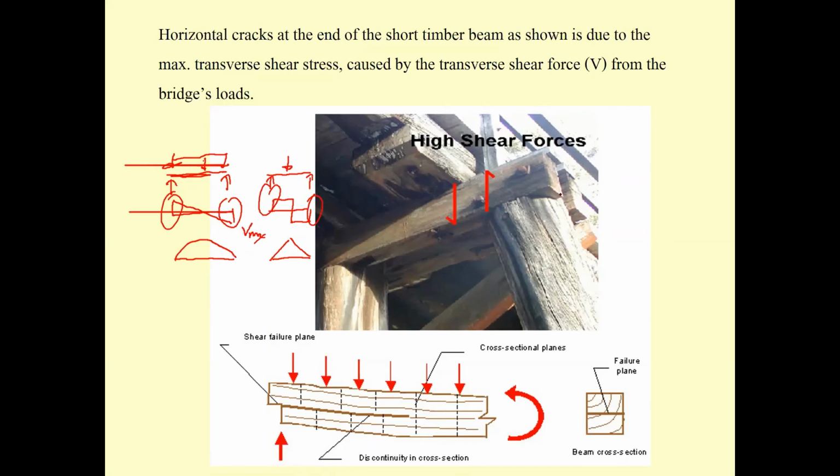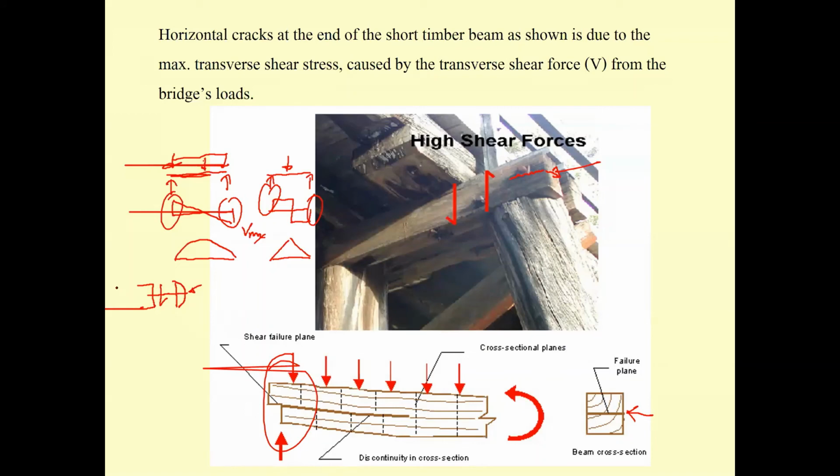And then if your beam is made of wood, you will see the crack occur at the end of the beam. It's always like that. And then how come the crack is in the horizontal direction when you cut the section? Okay, something like this. The small piece of this has the maximum stress at the middle. Okay, so the crack always occurs at the middle, and this one is the wood, right?